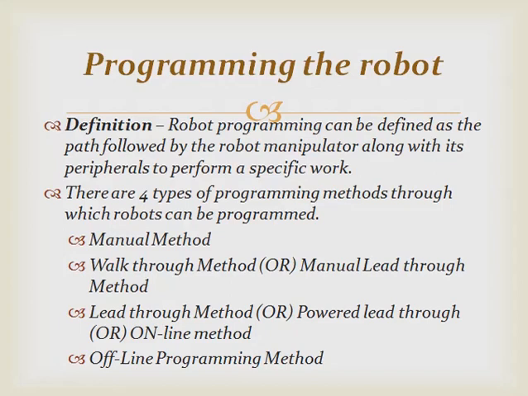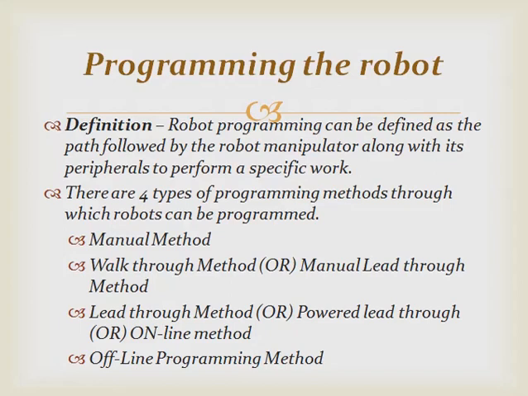Robot programming can be defined as the path followed by the robot manipulator along with its peripherals to perform a specific task or work. The robot is a device which performs the task depending upon the input you have given in the form of a program and instructions. So programming is a very essential part of robot technology, and you need to adopt different programming methods in order to perform the task.